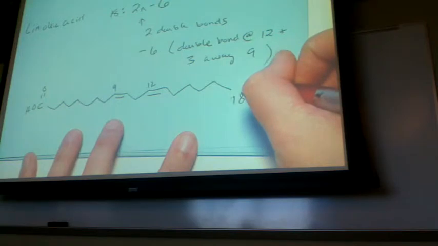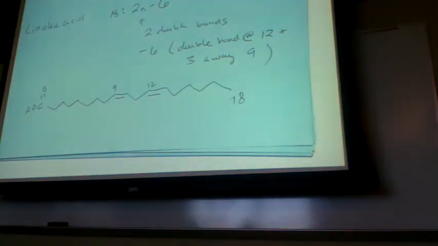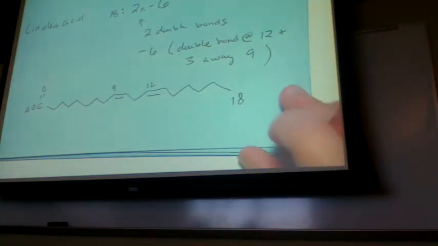And I get that 12 position by subtracting the 6 from the 18. Why is it 12 to 13 and not 11 to 12? I guess the way the nomenclature is defined. It's a little weird, I know.